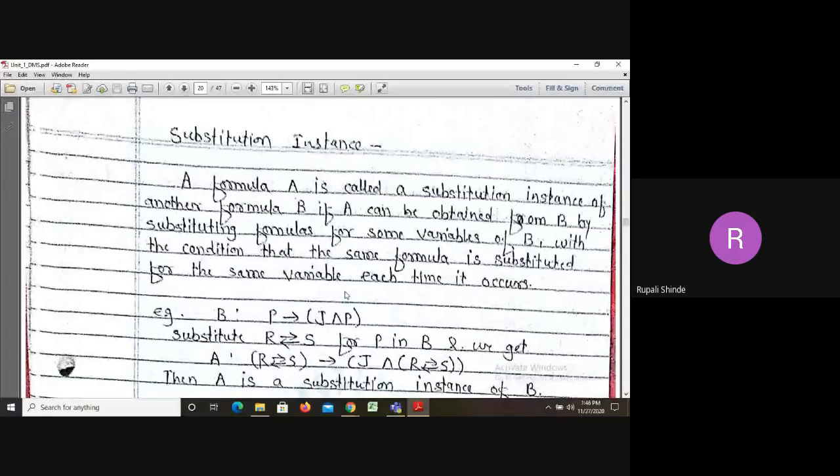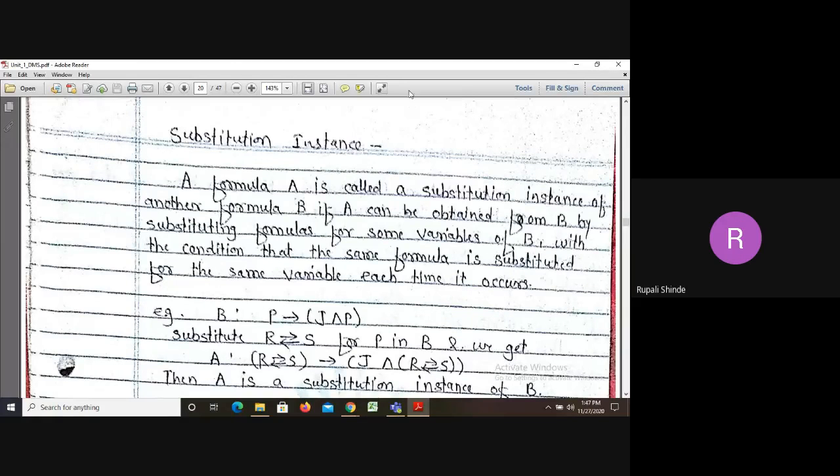Now, next point is substitution instance. How can we form a substitution instance of any formula? A statement formula A is called a substitution instance of another formula B if A can be obtained from B by substituting formulas for some variables of B, with the condition that the same formula is substituted for the same variable each time it occurs.